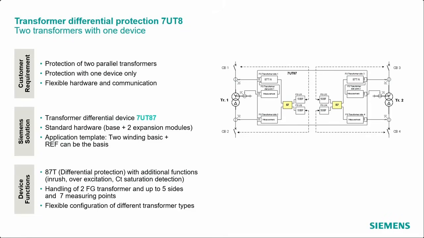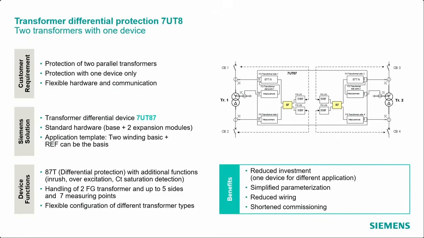So that means if the application is not in operation or the device is out of service, then they switch off the transformer. Of course, you can also double the device, so that you have a redundancy. That means you can protect both transformers with one device, and for redundancy purposes, you can double the device, and then you have, of course, a 100% redundancy for both transformers.